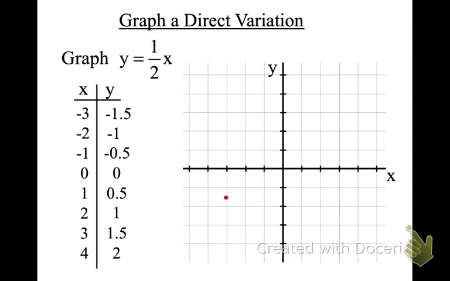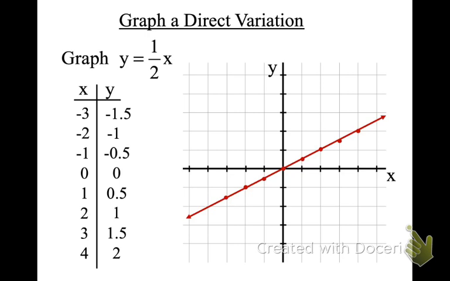Now you can see, so I'm going to start with -3 down 1.5. Then I'm going -2 down 1. -1 down a half. 0, 0, 1 up a half. 2 up 1.